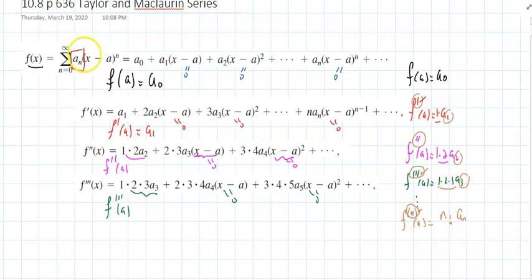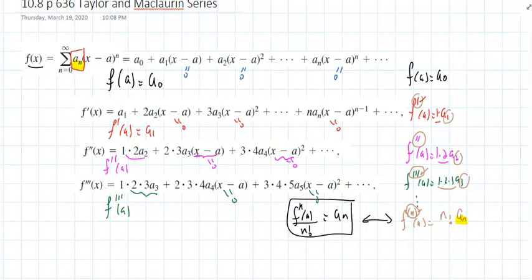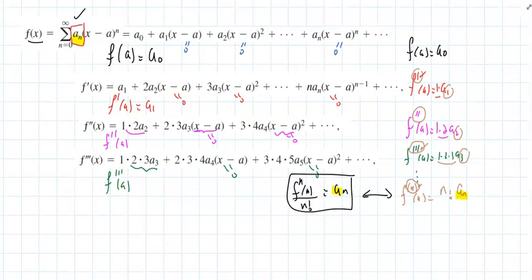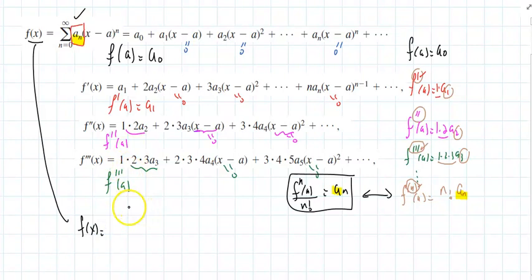And if I want to know what a sub n is, remember that's really what I want. A sub n would simply be what? The nth derivative of a divided by n factorial. So now, if I go to the actual series and substitute a sub n in, my series would become f of x equal, well, let's see. A sub 0 is f of a.